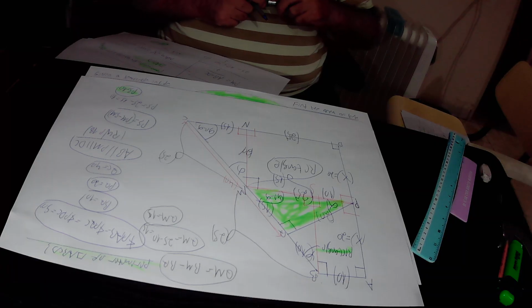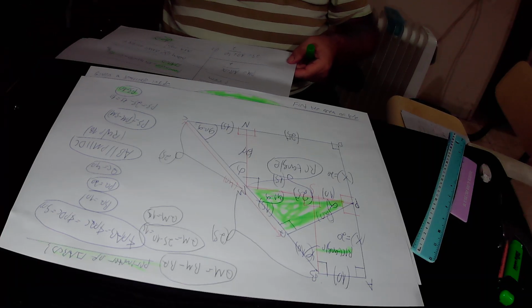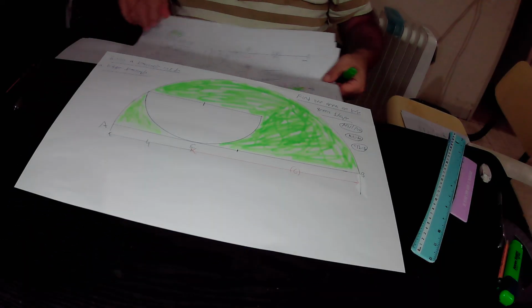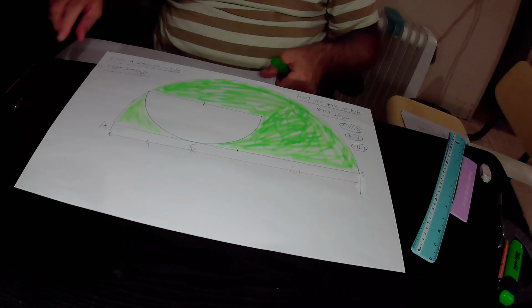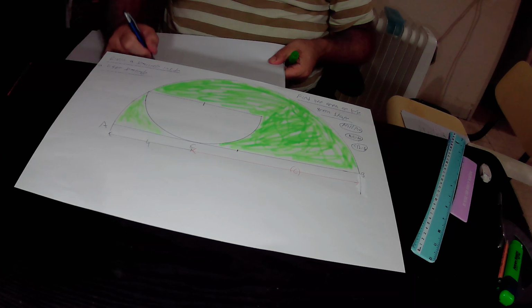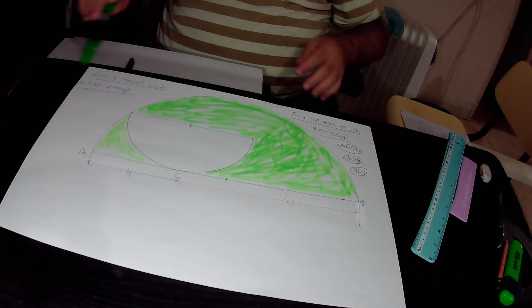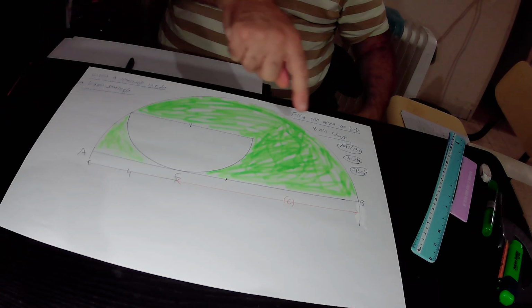In the next step, I present you the second question, and we'll answer the second question of this lecture. In the second question, our task is to find out the area of this green shape.